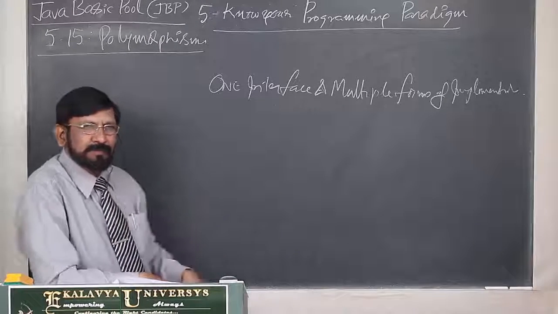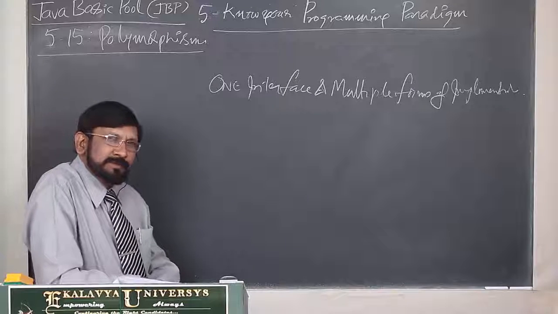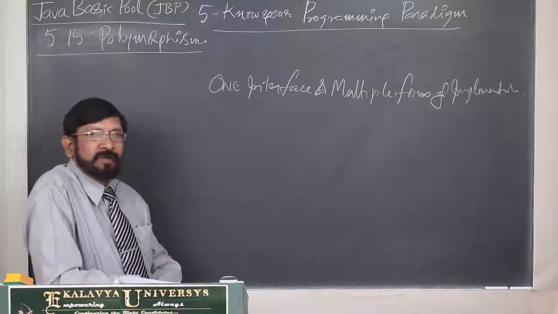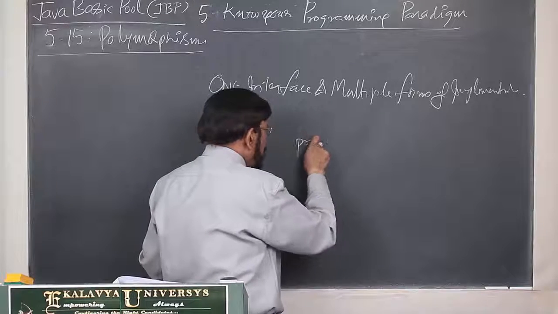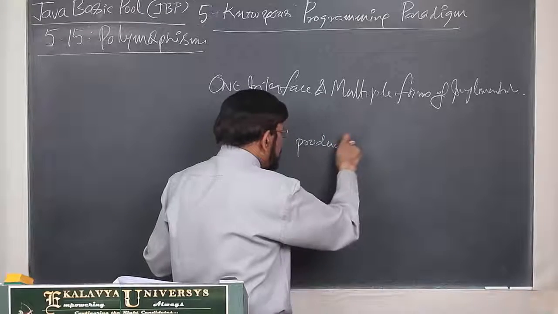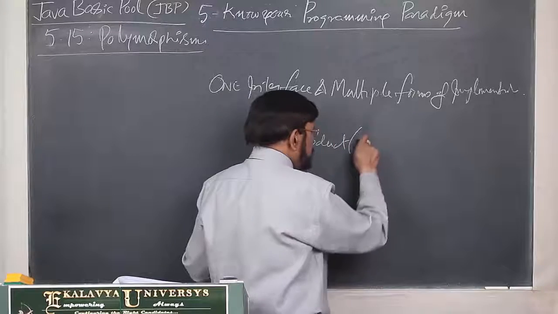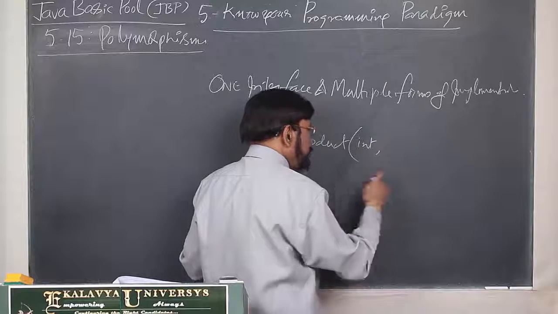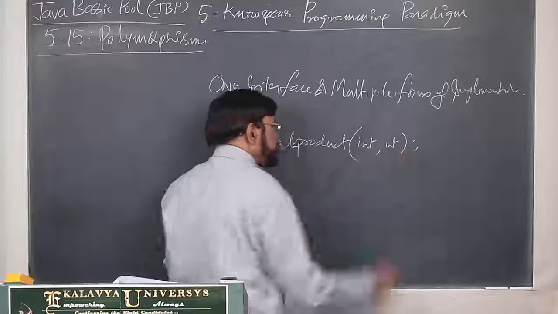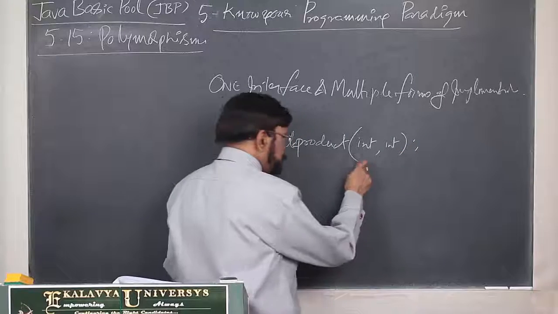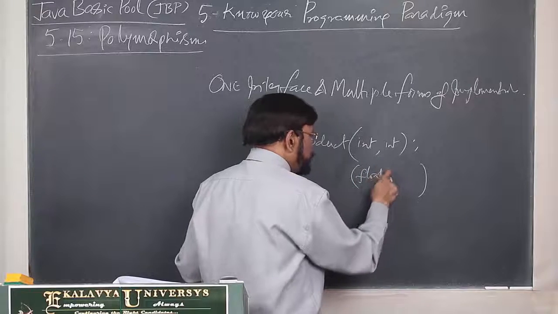Just a simple example I give you. If you know C++, you know function overloading. Now you see, product. This function calculates product. In the same program, for one method you are giving two integer values, and in the same program you have to give one float and float.